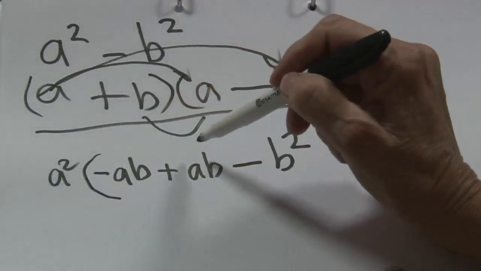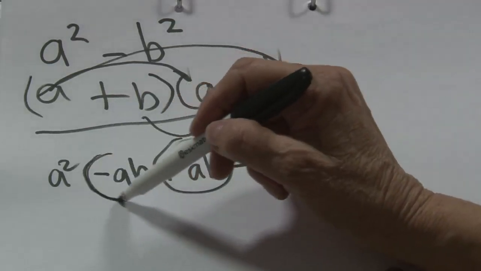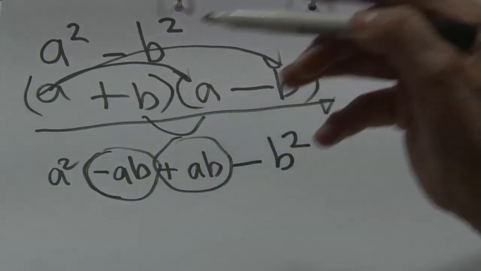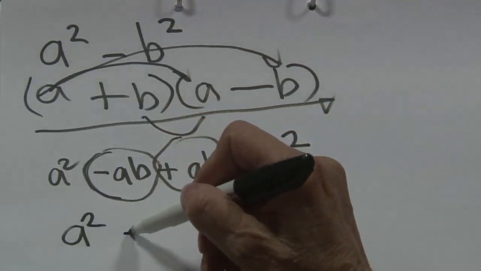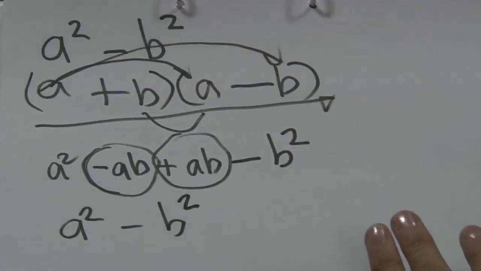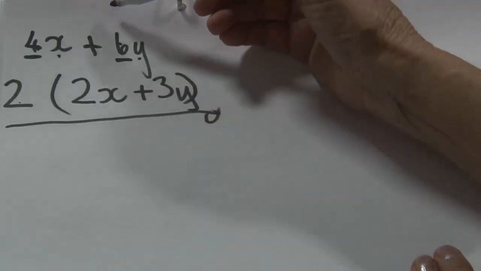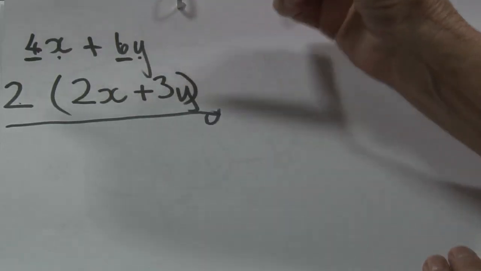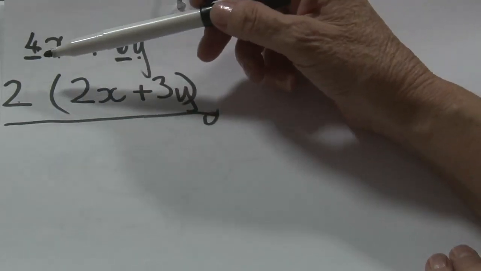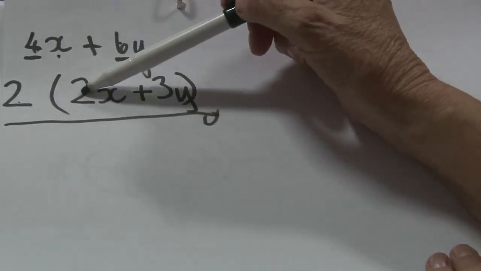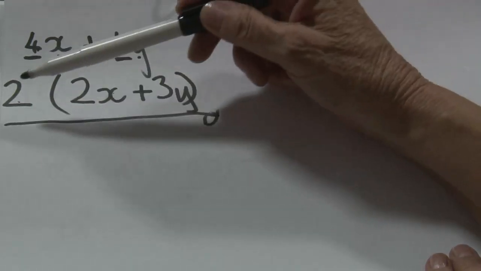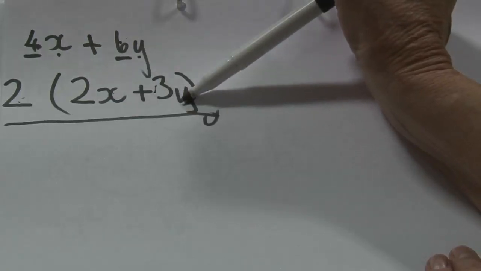Now, if I have one sweet and I eat one sweet, I have nothing. So what remains is this. So after you have factorized, you will always get the original answer. You can test it. So if you want to test the first one, 2 times 2 is 4x, 2 times 3 is 6y.